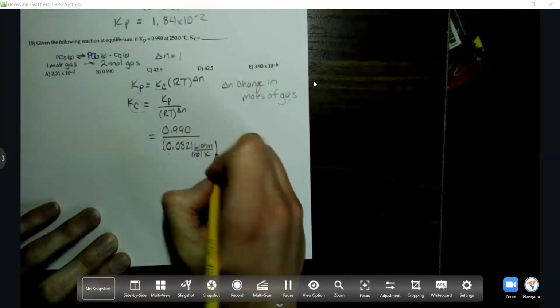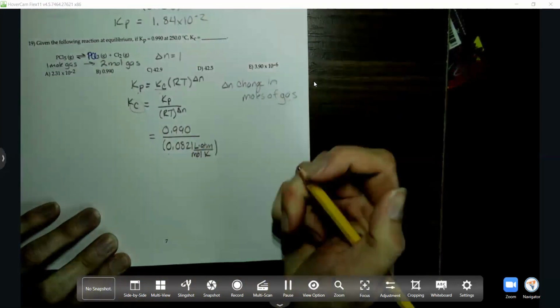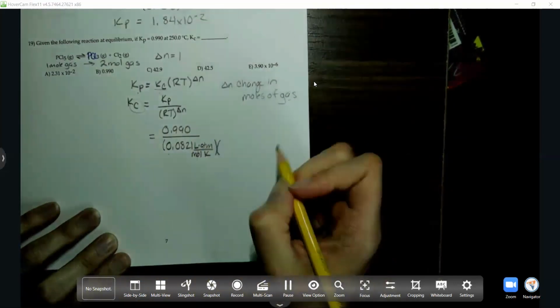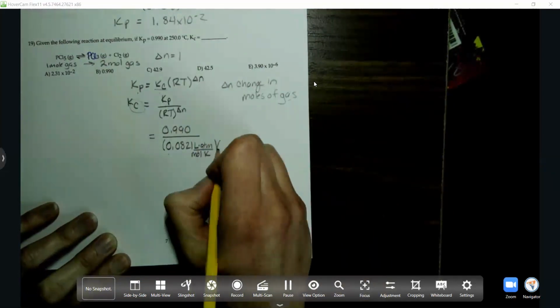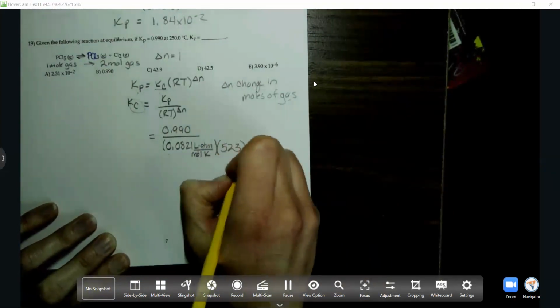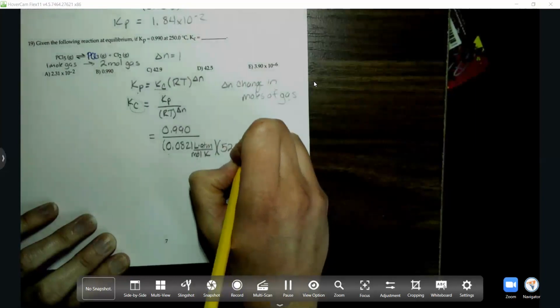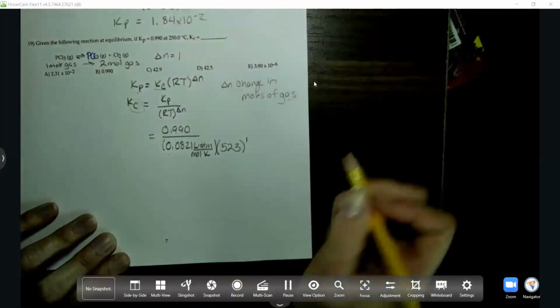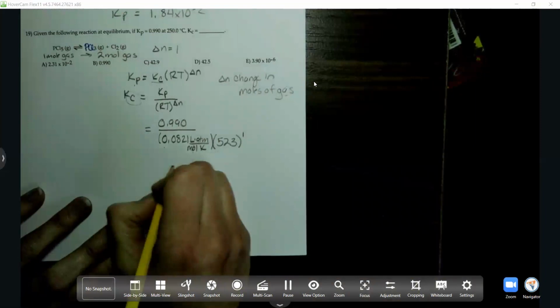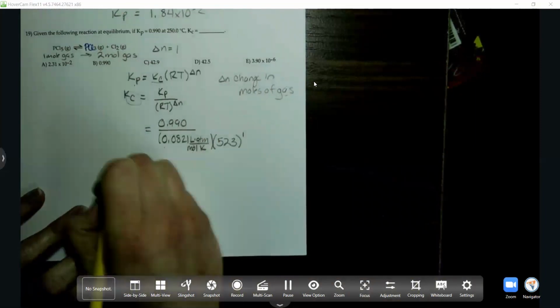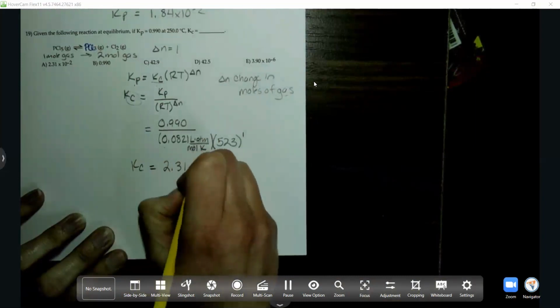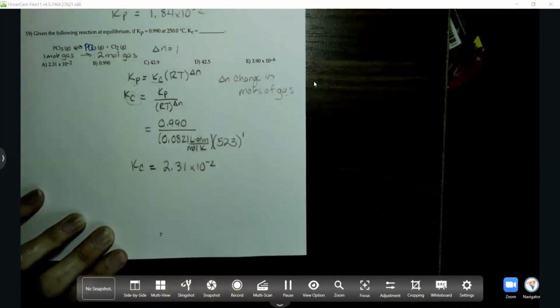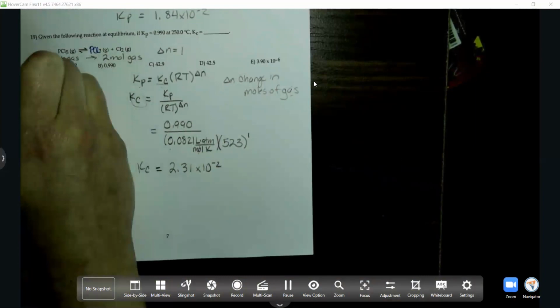We usually use units of molarity. And then I've converted the temperature to Kelvin. We need Kelvin with our gas constant, 523. And this is all raised to the first power. So when you plug that into your calculator, you should get Kc is equal to 2.31 times 10 to the negative 2. And that's answer A.